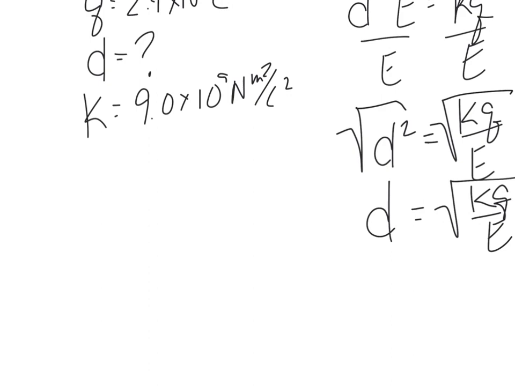So we find that D is equal to the square root of 9.0 times 10 to the ninth multiplied by, actually, I'm going to need a little bit more room here, I think.